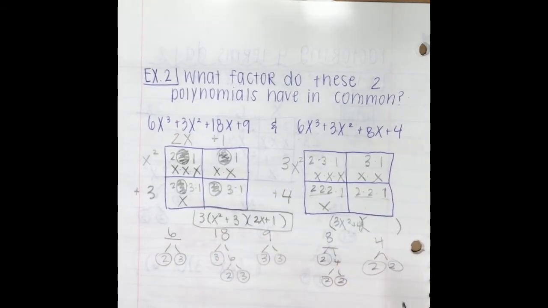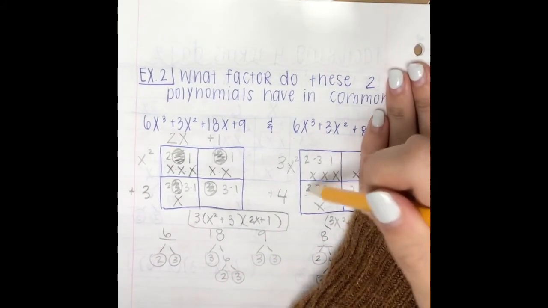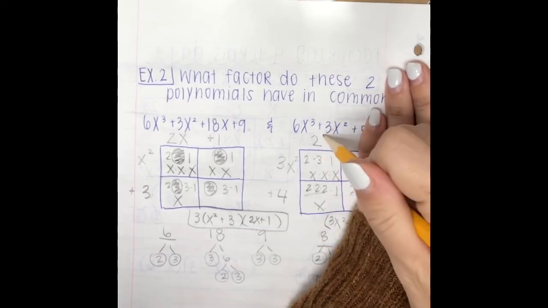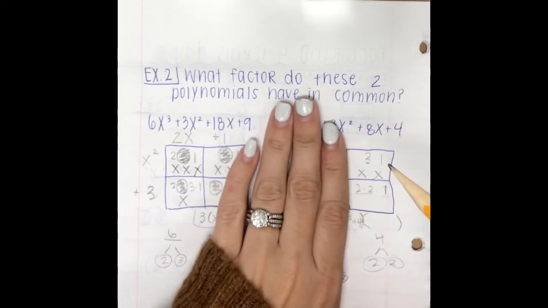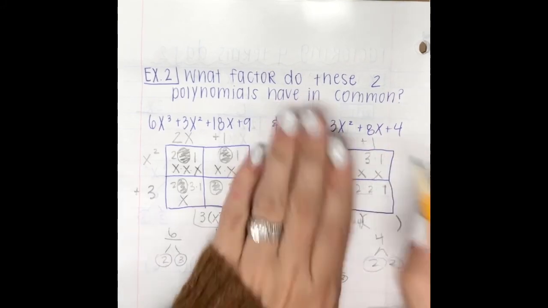Not the same, right? So let's look at our columns. They both have a 2 and a 1. 2 times 1 is 2. And they both have 1x. Looking promising to being our same factor. And then the only thing they have in common is a 1.